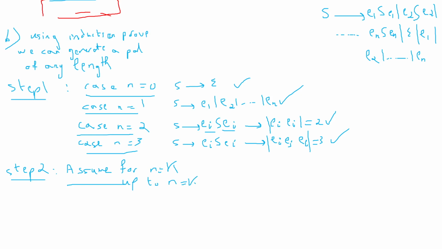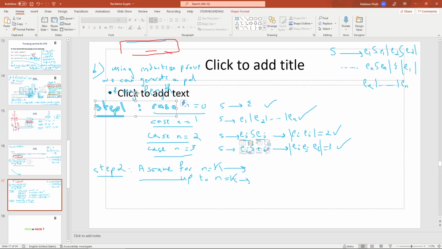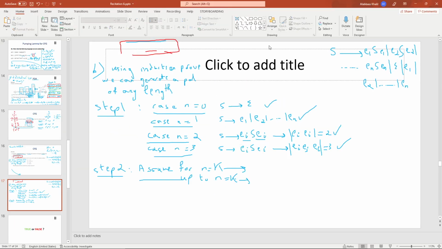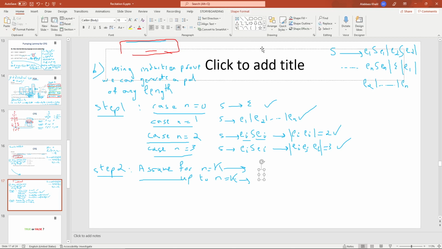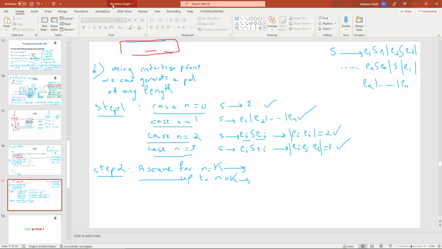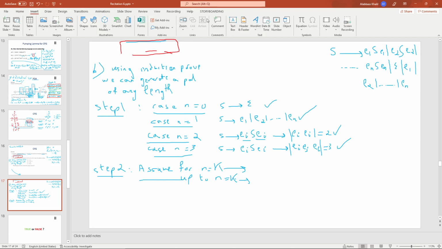The difference is, if I'm saying for n equals k, that means I can generate. Let me actually write this. So what does assuming for n equals k mean, and what does the other one mean? Do you have some idea?